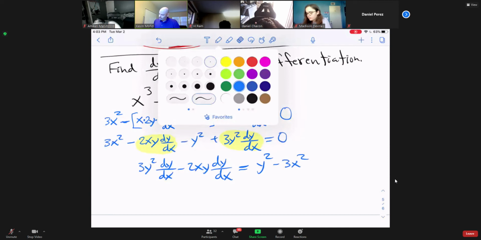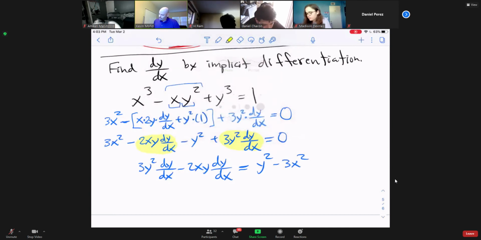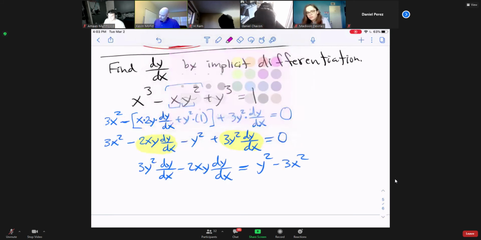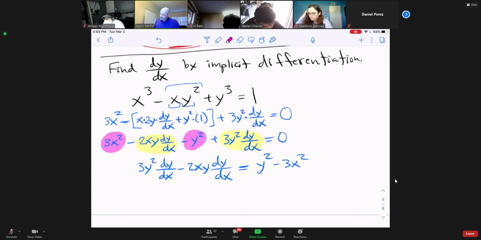Watch this. Let's go to highlighter. Let's do pink. So the two pink ones, terms that I highlighted, I move those to the right. So you got to flip the sign on them. Does anyone know what I could do next?